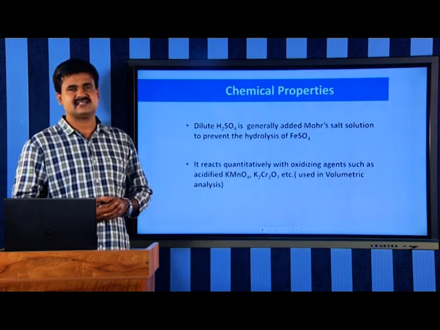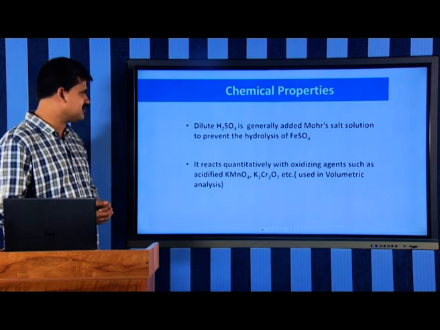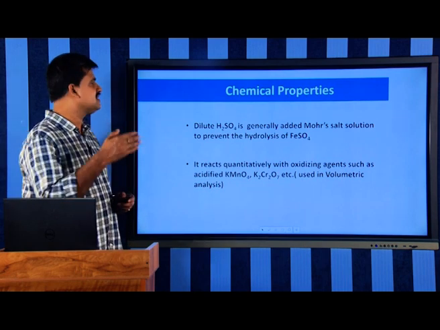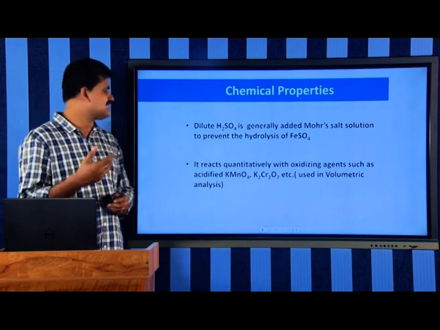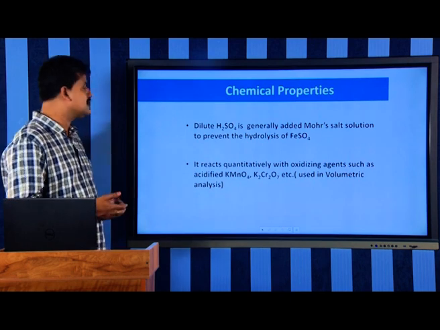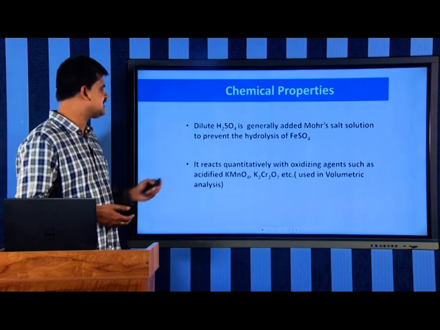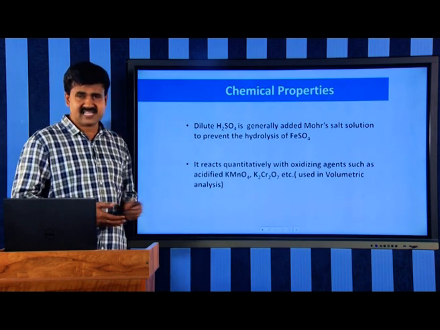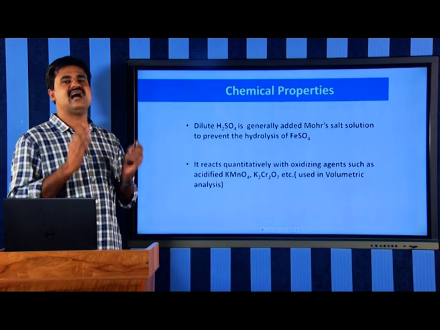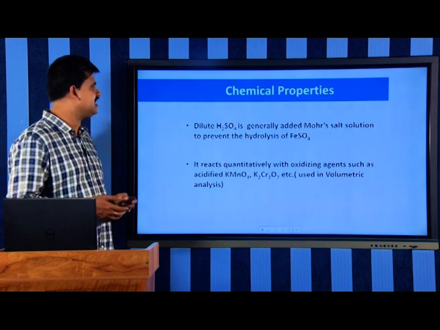Dilute sulfuric acid is generally added to Mohr's salt. This is because dilute sulfuric acid prevents the hydrolysis of ferrous sulfate. Mohr's salt reacts quantitatively with oxidizing agents such as acidified KMnO4, acidified potassium dichromate, etc. and is highly useful in volumetric analysis.